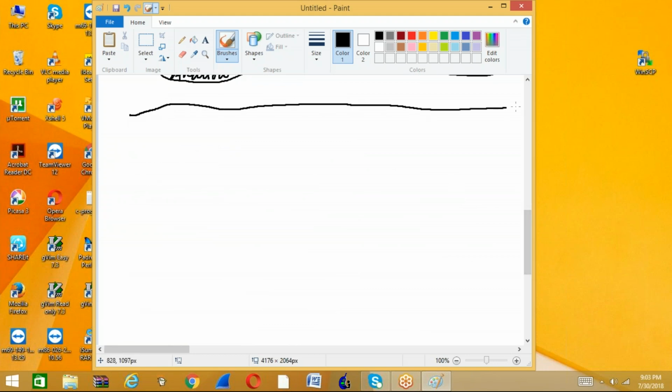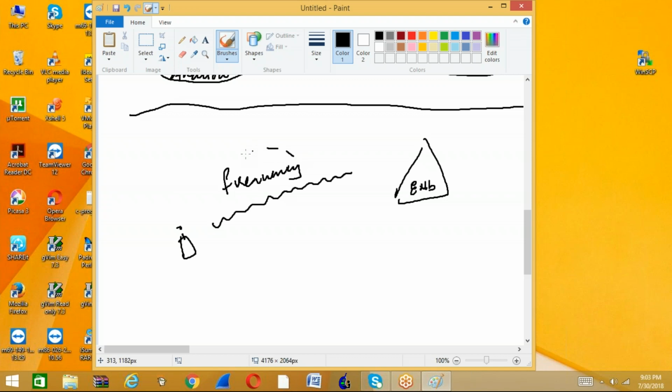Basically, frequency plays a very important role to communicate between the UE and the base station, right? The frequency of the signal plays a very, very important role between mobile and the base station.